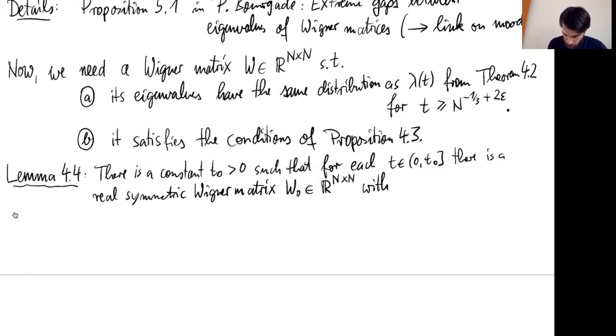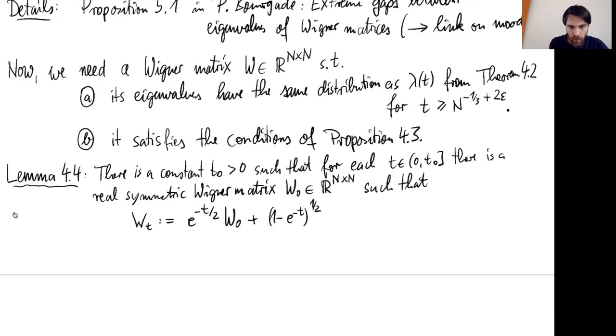I consider the Wt, which is defined as what we expect for the distribution along the matrix flow, and I call these entries Wij of t.